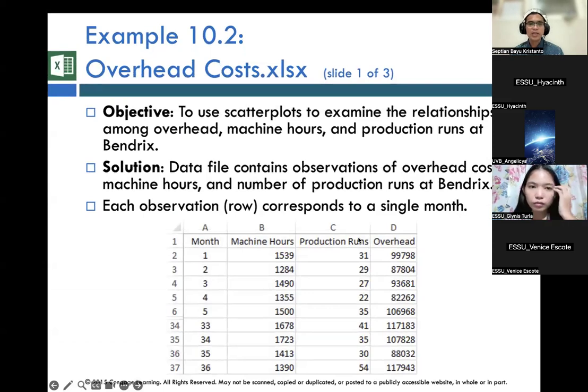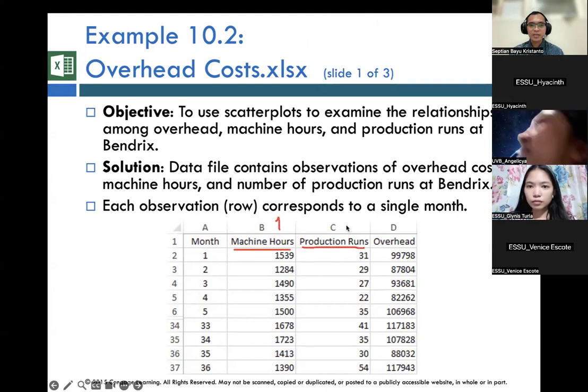For example, if we have data about overhead costs, like this one, we have three kinds of variables. The first variable is machine hours, the second variable is production runs, and the third variable is the overhead cost.